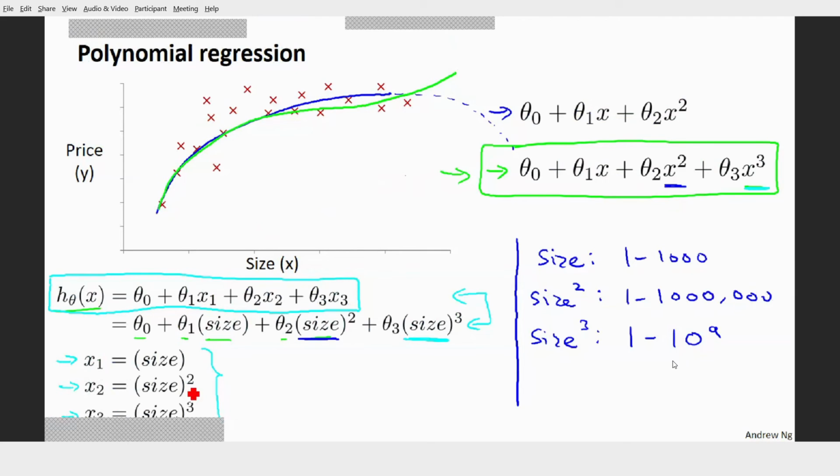Any line is not a good fit. So you need a polynomial that fits it better. So we say that this is a polynomial model of order 2, or degree 2. What is the degree of this polynomial? The degree of this polynomial is 2.